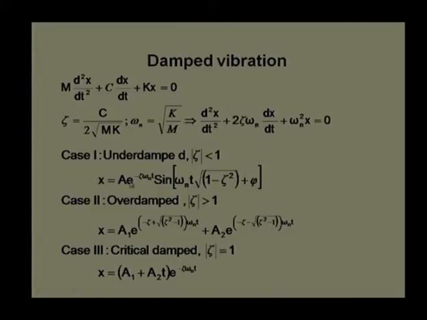We generally use a logarithmic decrement expression to find out what is going to happen to this system. Now, in this case particularly, zeta is an important parameter for us, and we assume zeta is always positive.